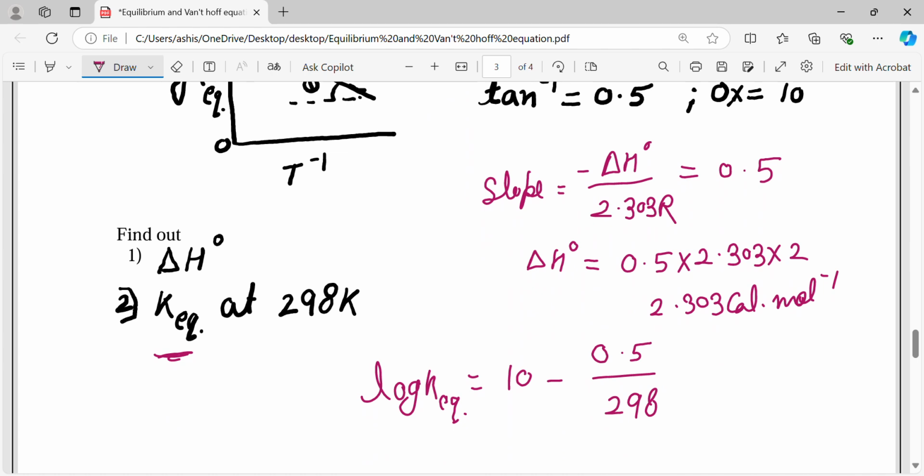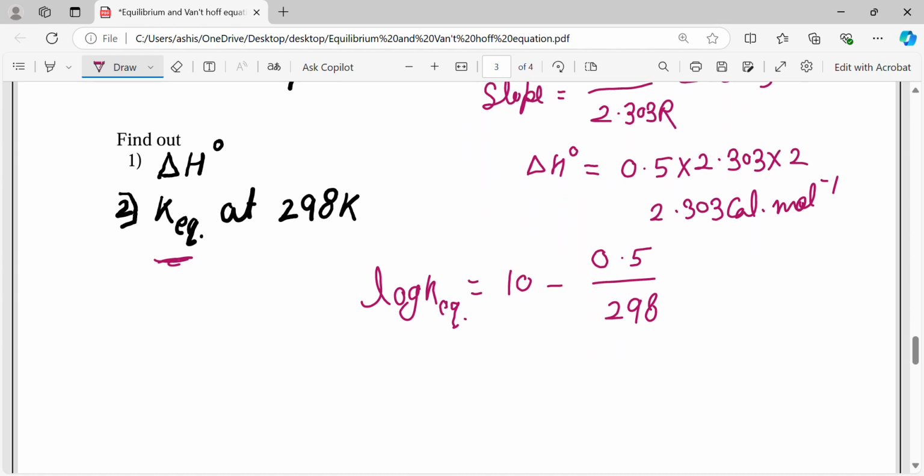So we will put in the values, and when we solve it, our answer will be log K equilibrium equal to 9.9983.